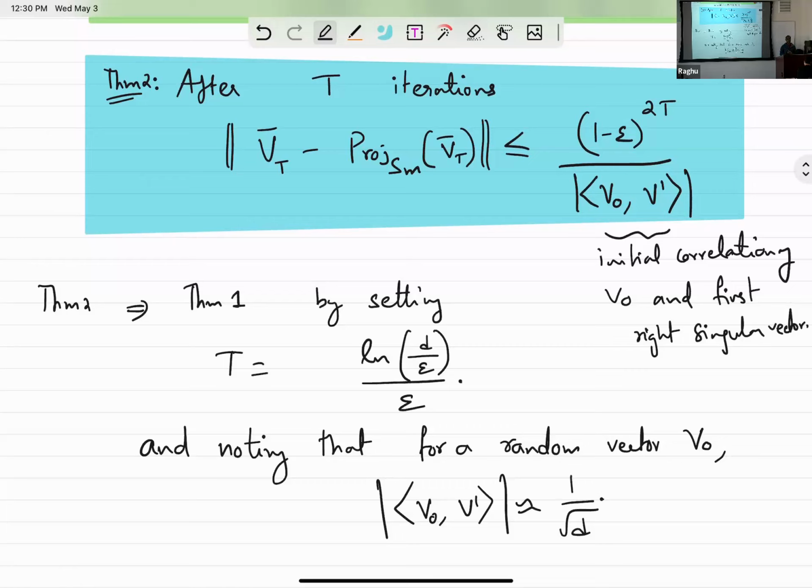So each coordinate will be roughly 1 over square root d. You can prove that, but we're not going to do that. But if I give you this, then theorem 2 should imply theorem 1, right? Because then you plug in root d, plug in the t, and things would follow.